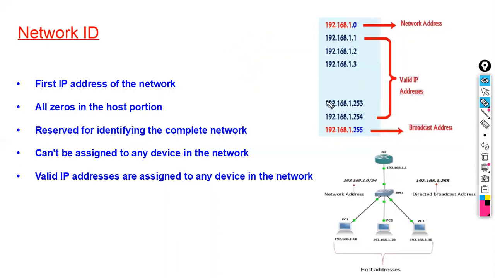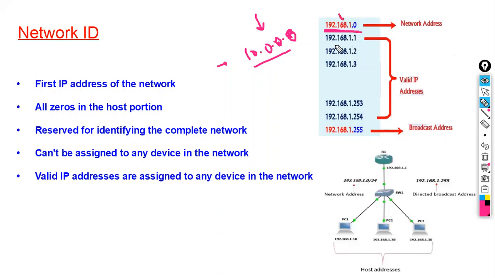So instead of telling the IP addresses, you will say we are using the 10.0.0.0 network. Okay, so the other person will understand that you are using the IP addresses from this network. You can say we are using the 192.168.1.0 network.